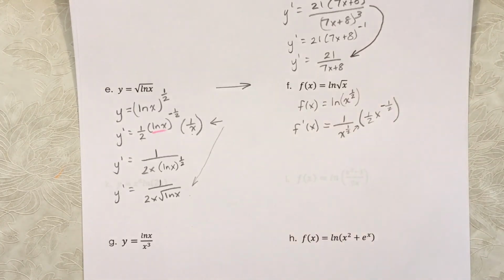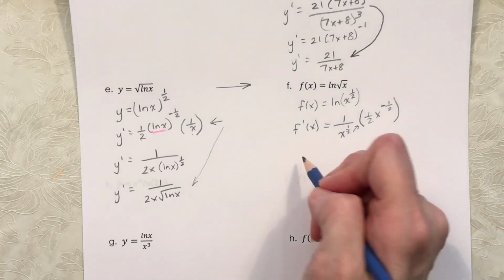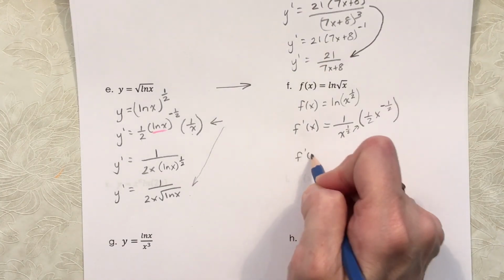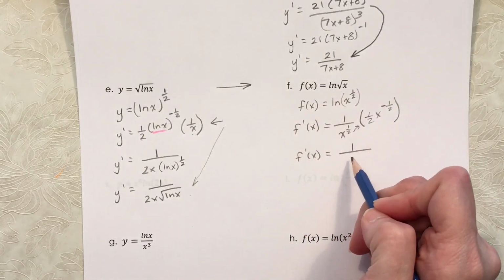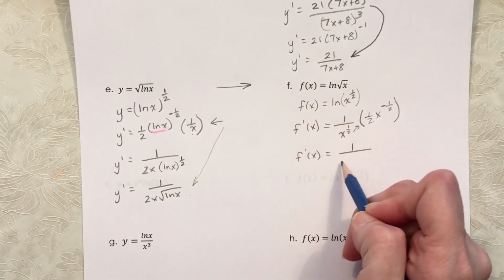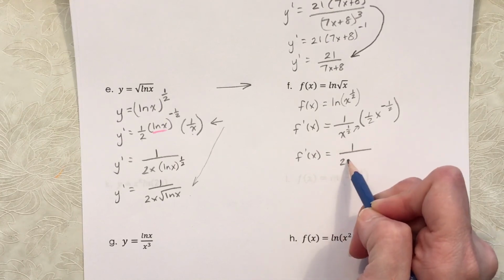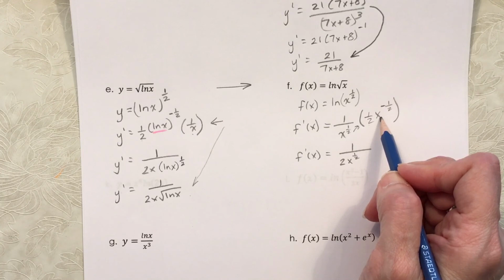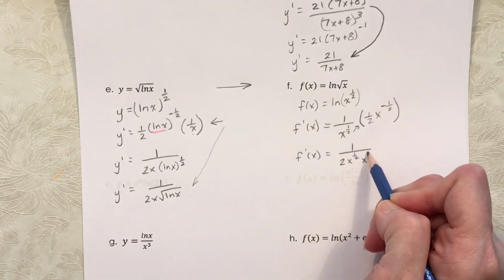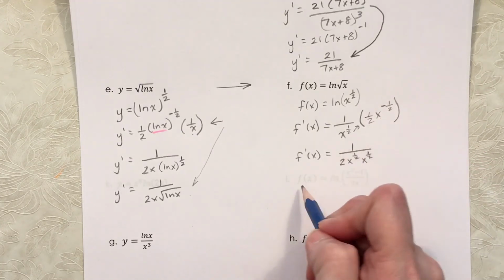So there's our calculus part again, but now we want to write it in a nicer form. So my numerator is going to be 1, and then I've got 2, I've got my x to the 1/2, and then this x to the negative 1/2 is in the numerator. If I bring it down to the denominator, the exponent will be positive.